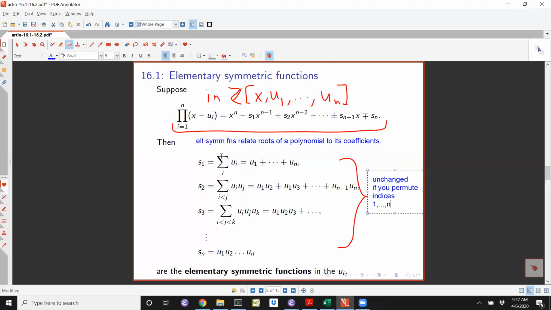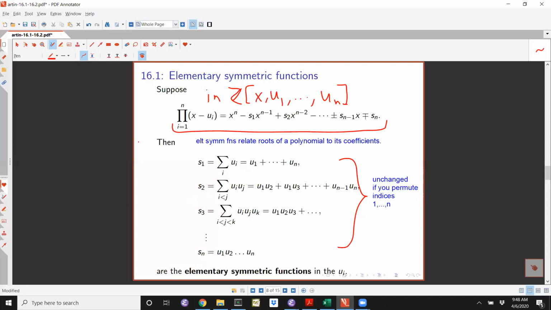Because this is just the sum of 1 through n, if you shuffle the indices, that doesn't change anything. And because multiplication is commutative, if you shuffle the indices here, you don't change anything. It's a little more challenging to see over here, but these middle terms are unchanged because you don't really need this i is less than j. You just want exactly one term for every pair of elements.